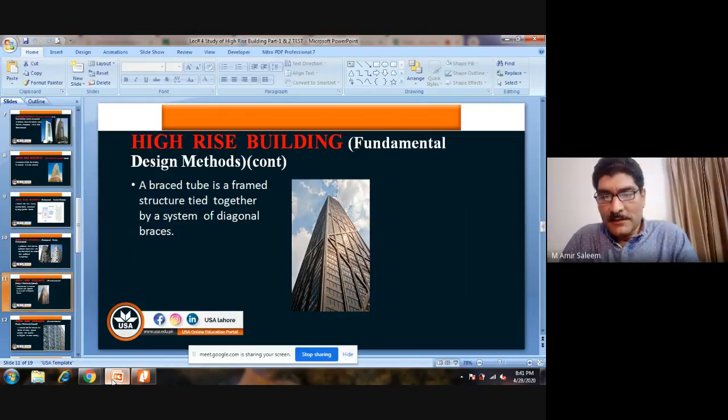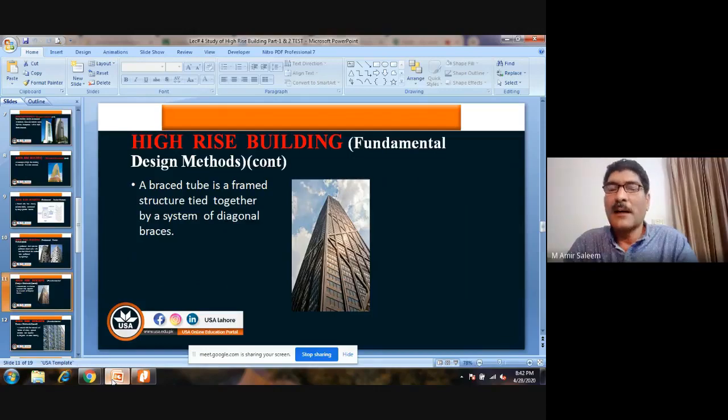And the other system, very commonly used from the making of a table to the high-rise building, is the brace tube, a framed structure tied together by a system of diagonal braces. So it's very clear. When we are making a high-rise overhead water tank in a society, you saw they make the columns and brace them with diagonally braced tie beams.